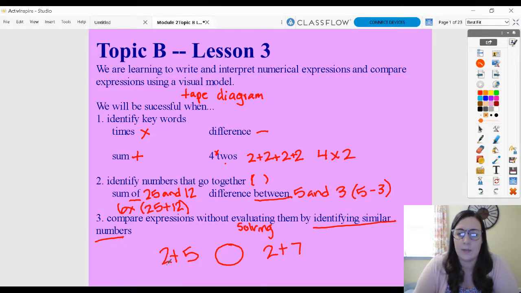We're looking for similar numbers or repeating things. In this case, it would be plus 2. So really what we're looking at is 5 and 7. Which one's the bigger number? So if we can identify similar numbers or similar parts of the expressions, then we're able to compare them without solving it.